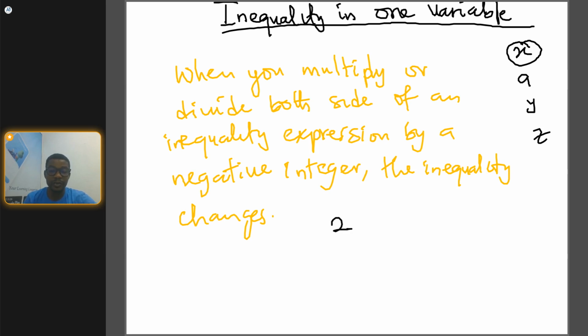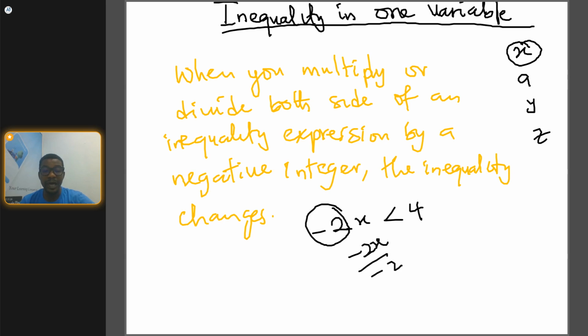If I have minus 2x is less than 4, I divide both sides by minus 2, which is the coefficient of x. Then I have minus 2x over minus 2. Because I'm dividing by a negative integer, the sign changes from less than to greater than.